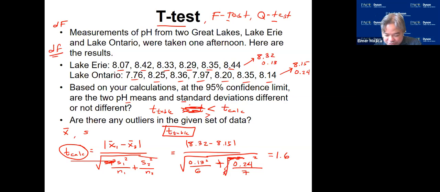In this case, you have two sets of replicates. Usually in statistics, the degrees of freedom is the number of observations minus the number of parameters estimated from the observation.